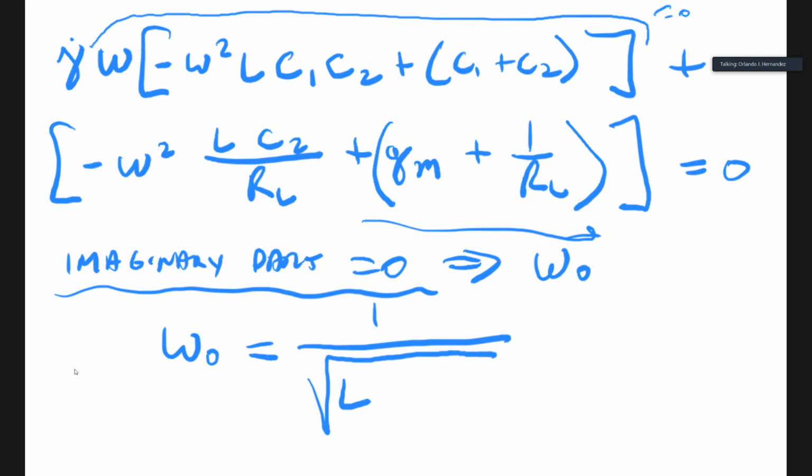Remember that capacitors in series, we lump them like resistors in parallel. That's a nice thing to remember. So C1 and C2 in series would be C1 times C2 divided by C1 plus C2. And that is our frequency of oscillation, which I'm going to call equation 3.